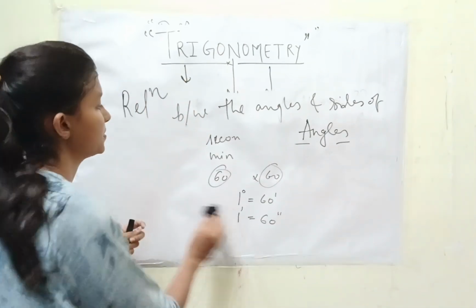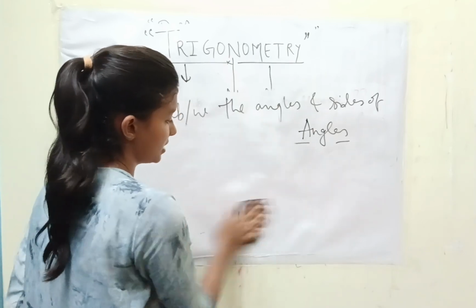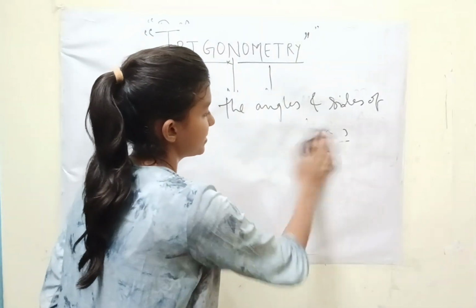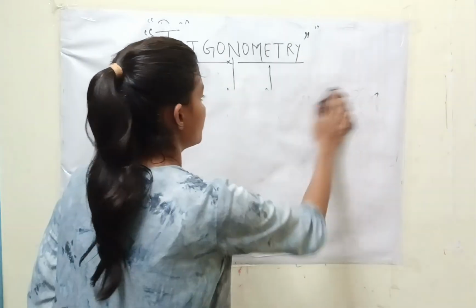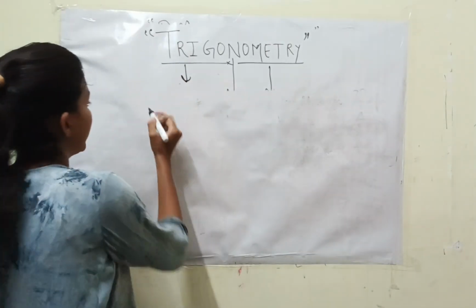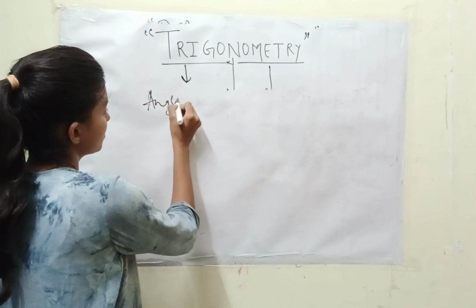Now here comes another system, which is called the radian system. Here we are studying angle measurement systems.